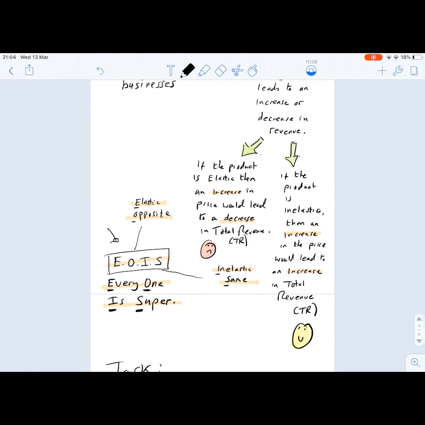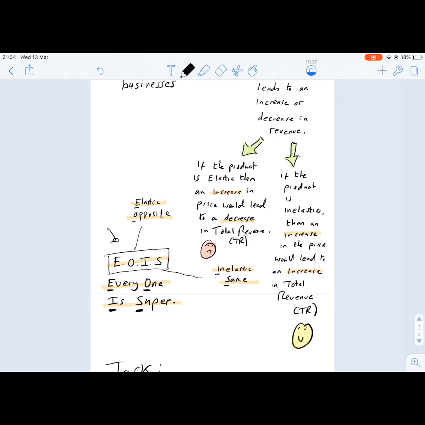So if the product is elastic, then an increase in the selling price would lead to a decrease in total revenue. Obviously, that is not good for the business. So remember that if the product is elastic, if the price goes up, the opposite happens to total revenue. Hence, E for elastic and the O for one is the opposite.